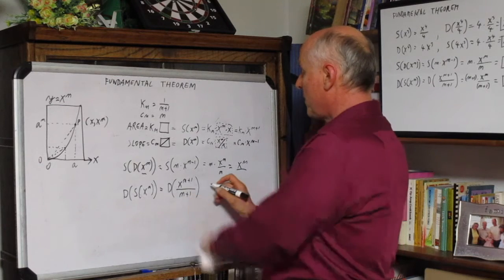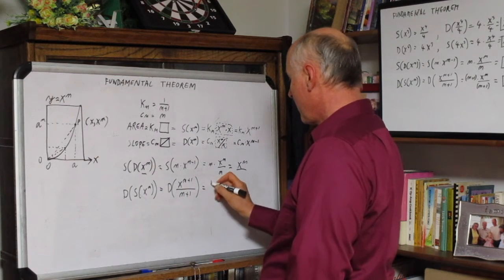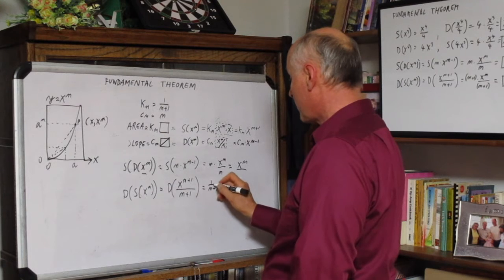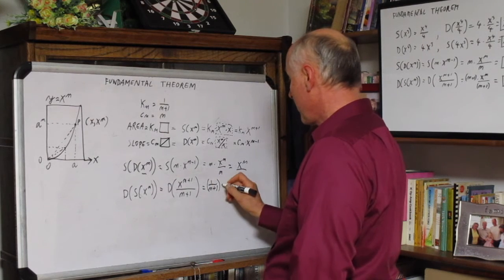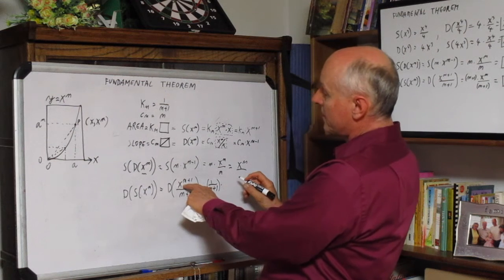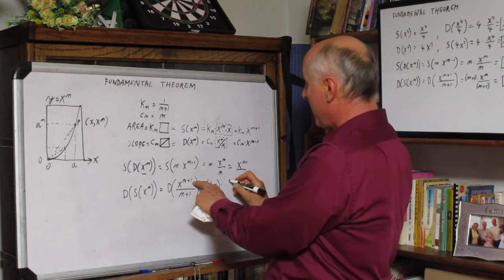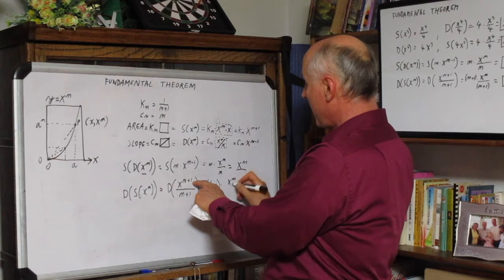You have n plus 1 on the bottom, so 1 over n plus 1 times x to the n plus 1, which you lower by 1 so it becomes x to the n.